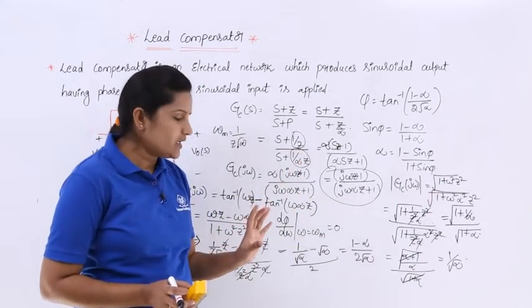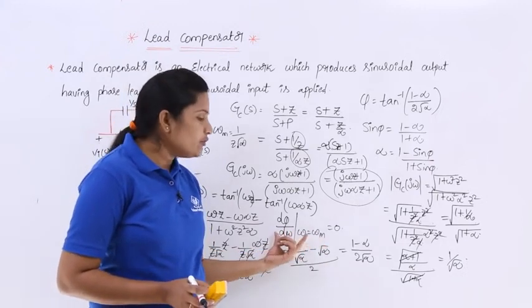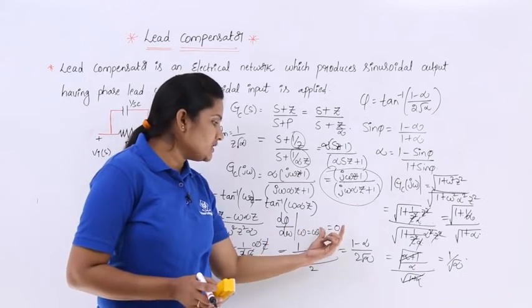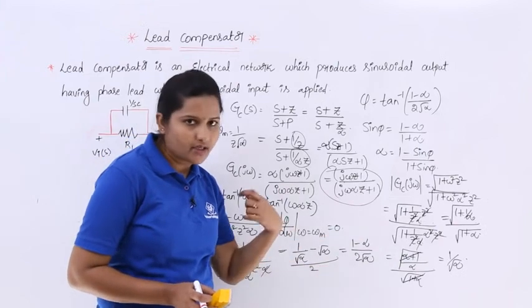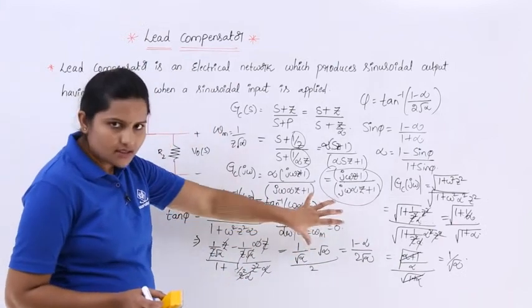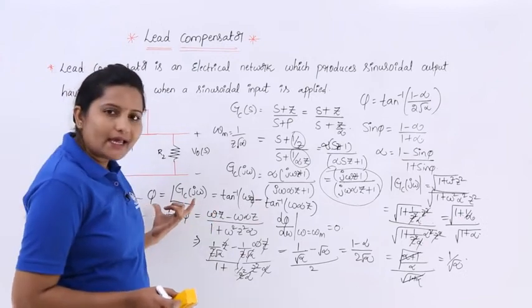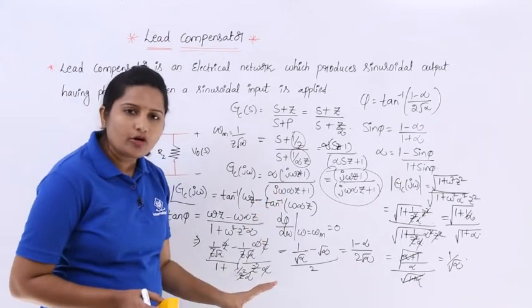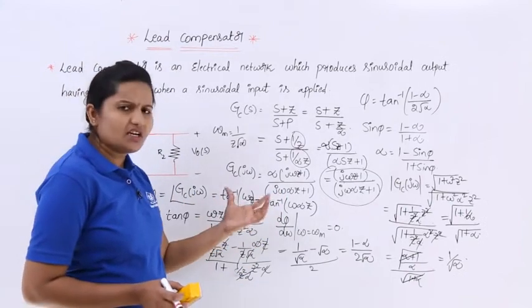If you want the maximum lead condition, d phi by d omega equal to 0 when omega equals omega m gives you the maximum lead. That's just a condition, I am not taking that. So if you want to calculate phase and magnitude for Bode plot drawing, you can take the phase like this, the general phase.